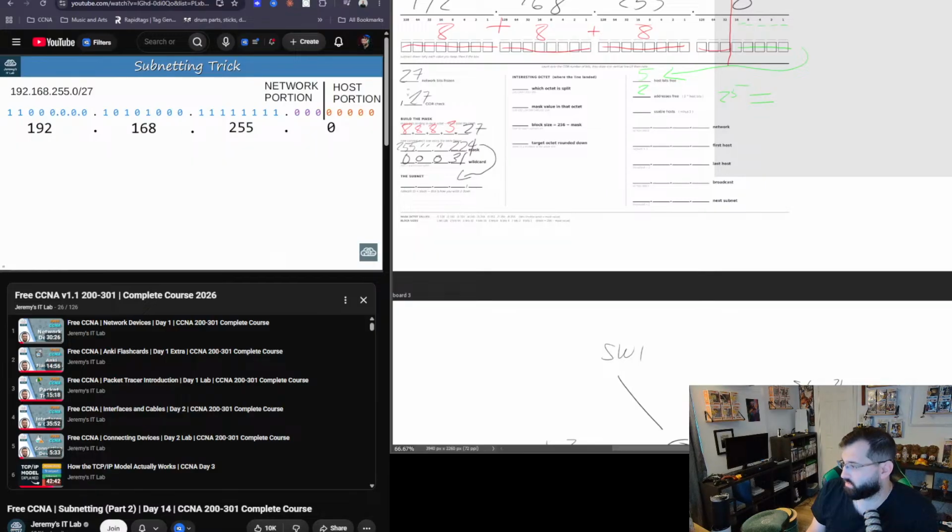Two. How come I can't do power of? Is there no way to do a power of?